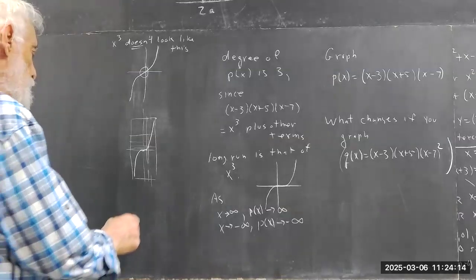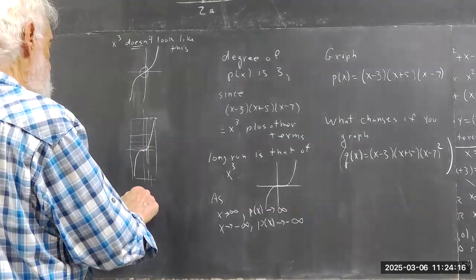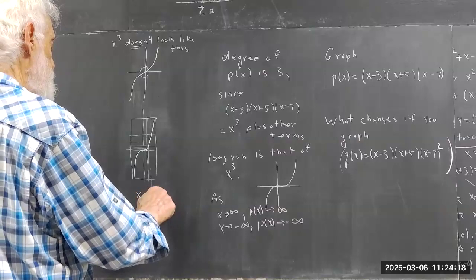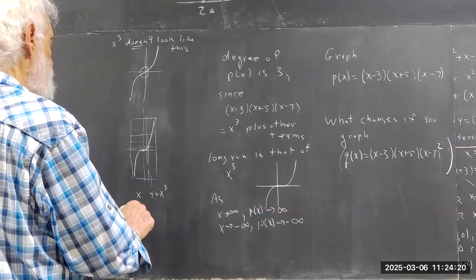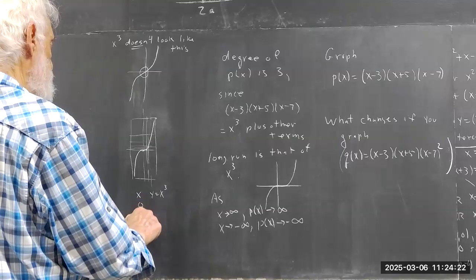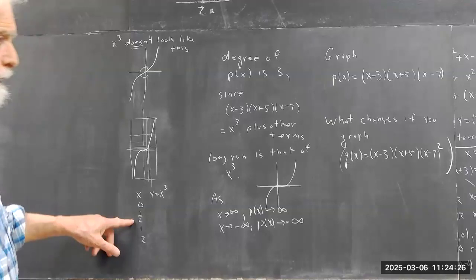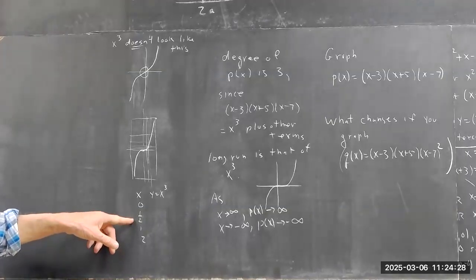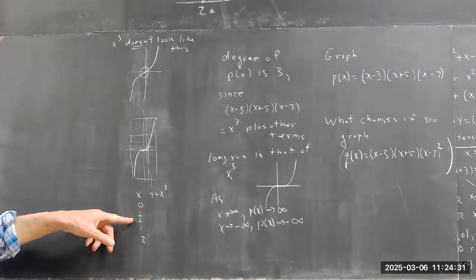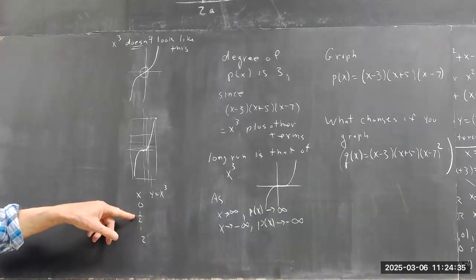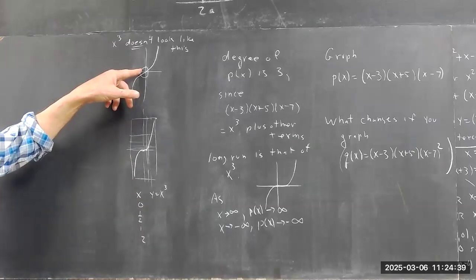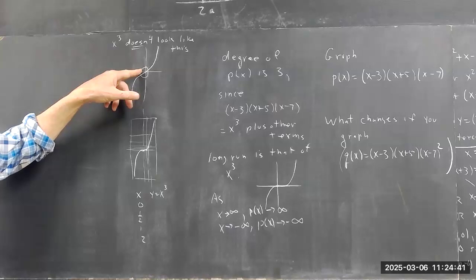And the other way you see that it's going to be very flat is you can make a table. Now, I think that for some inexplicable reason, somebody in one of the OpenMath videos did this without cubing 1/2. And that's how they ended up with this.